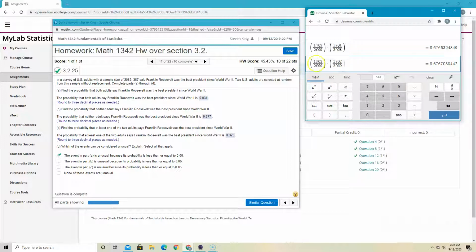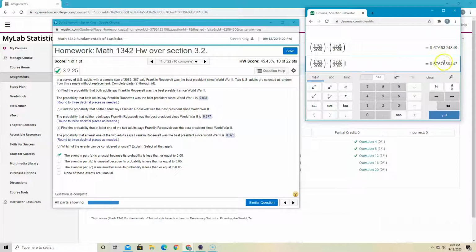And if we would have done that with the directions to leave the person out, like we were supposed to up here, we left the first person out. But because there were so many people, notice this little error of putting the first person back in doesn't change the answer very much. 0.6767.